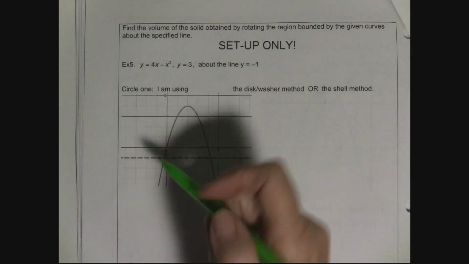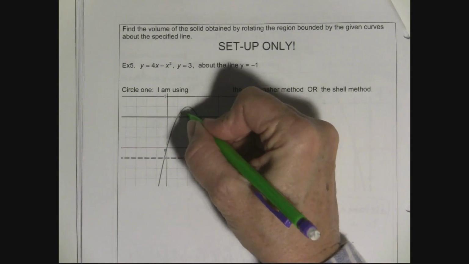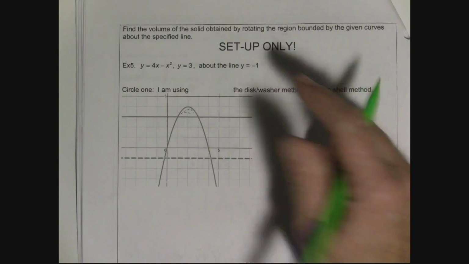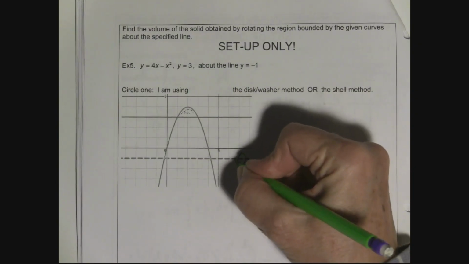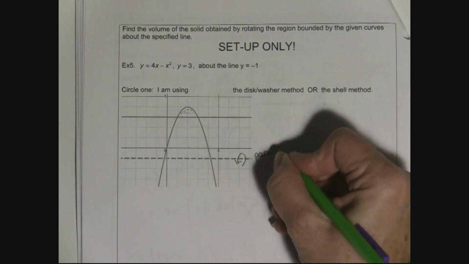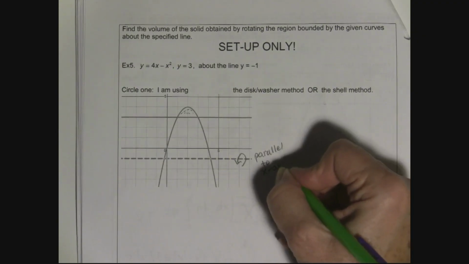Okay, same story because it's just having you practice. It's got the same curve and the same region that's being rotated, but this time around the line y equals -1. And so I say to myself, this is parallel to the x-axis.